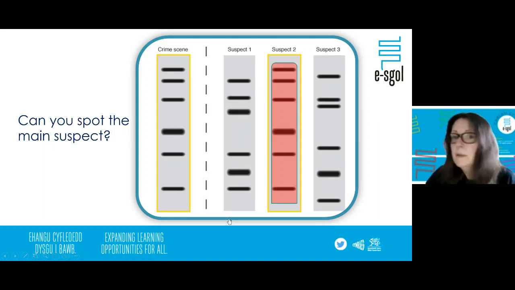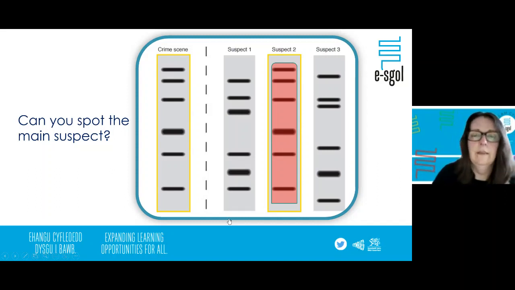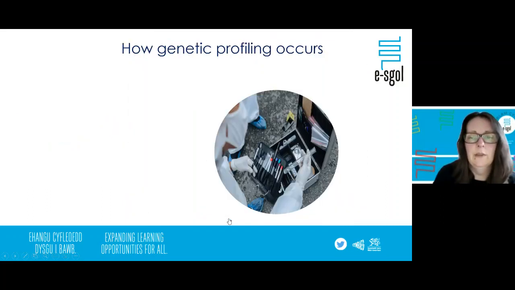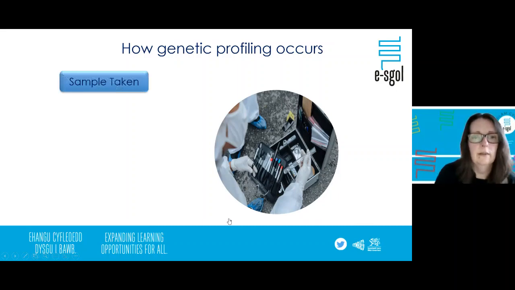Whereas you can see that there may be some similarities in suspect 1 and suspect 3, but they are not an exact match. And that is the idea behind genetic profiling as well, that it helps to create a very close match between either a suspect or between different species to enable them to match up. So let's look at the process that takes place.